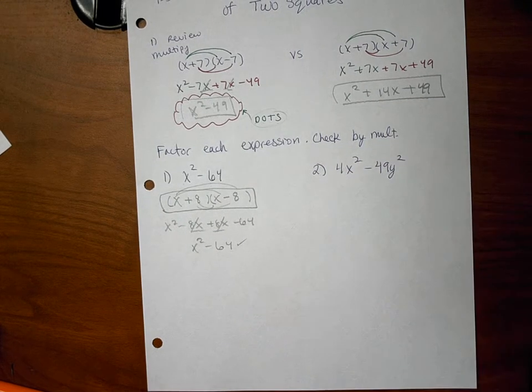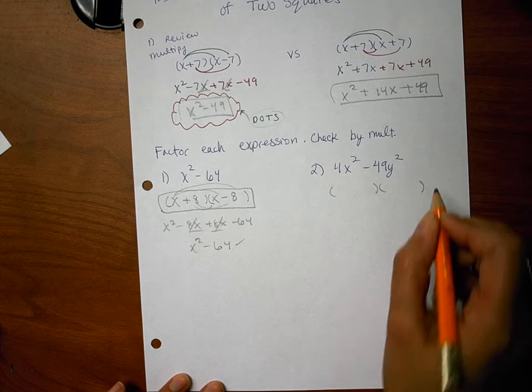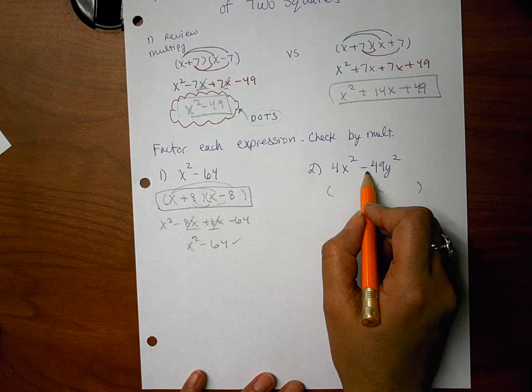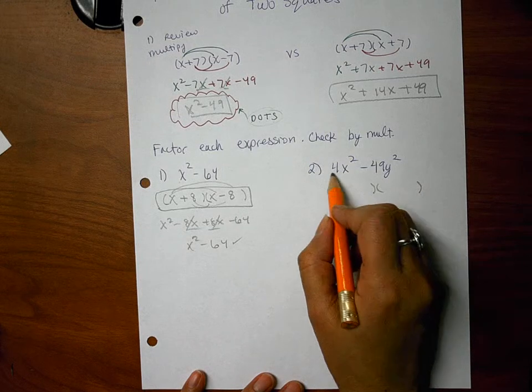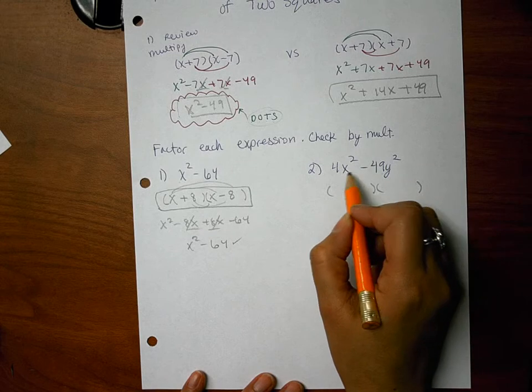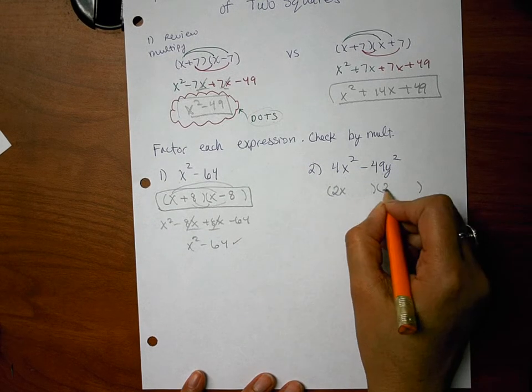Okay, next one. 4x squared minus 49y squared. I often will call this a double bubble, two parentheses. Is this a difference of two squares? Difference, minus sign, yes. Two terms, yes. Are they both perfect squares? Yes.